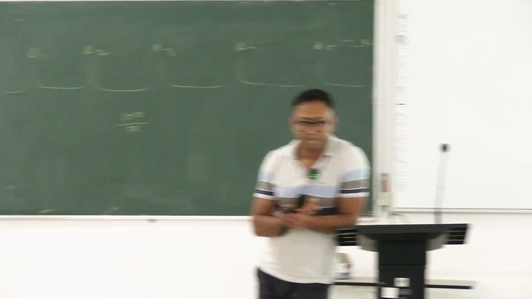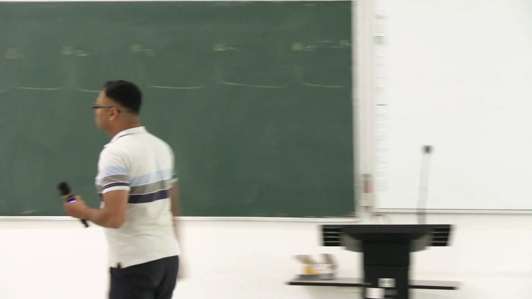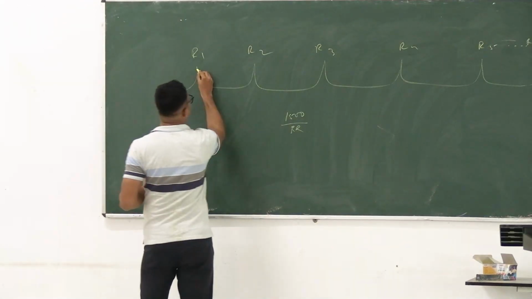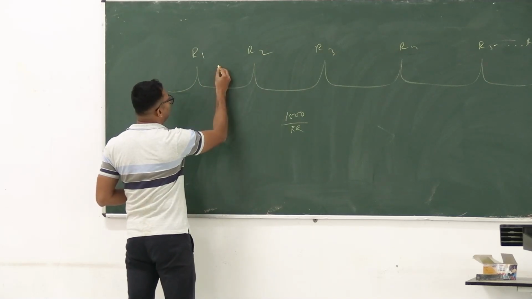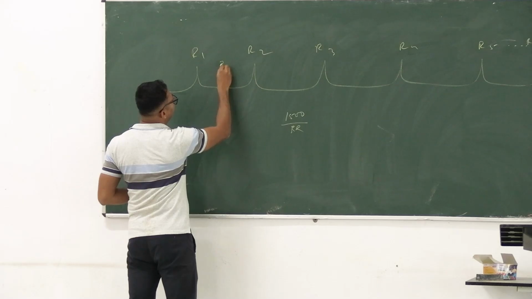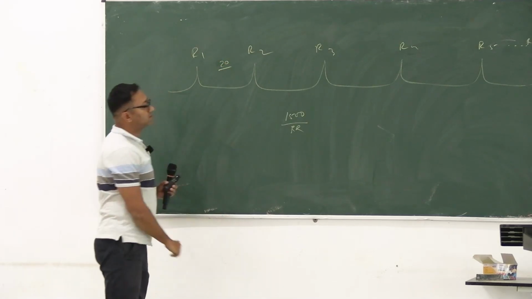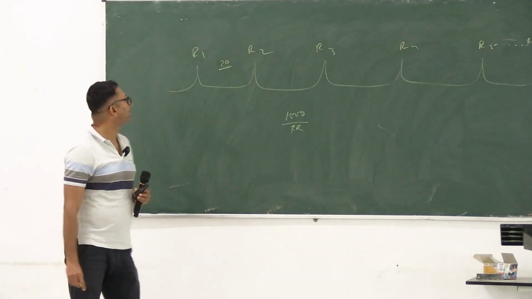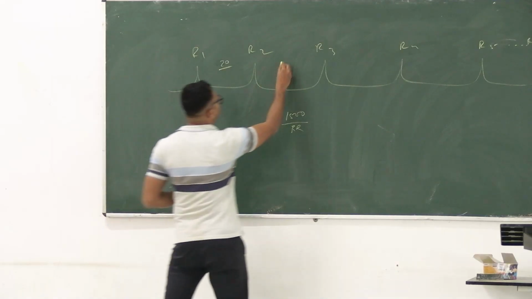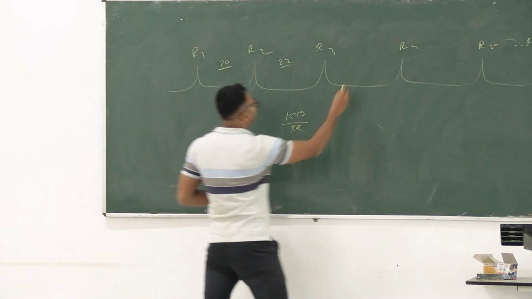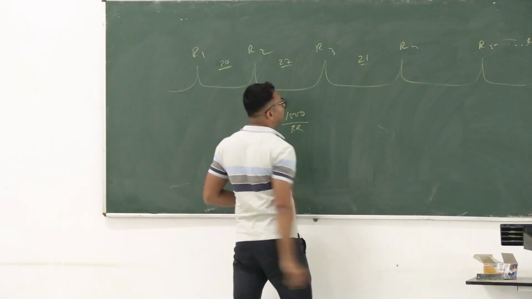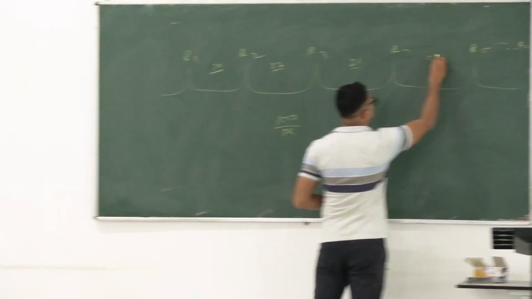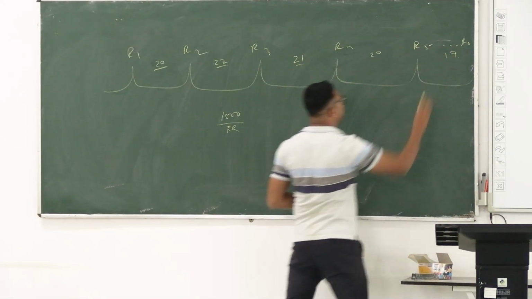Say for example, between R1 and R2 you have a total of 20 small squares. Here you have 22 small squares. Here you have 21 small squares. Here you have again 20 small squares. Here you have 19 small squares.